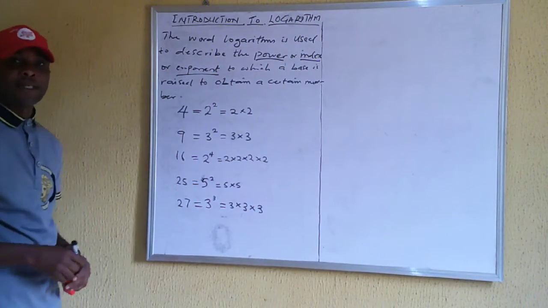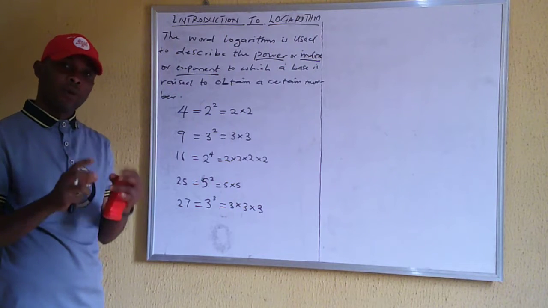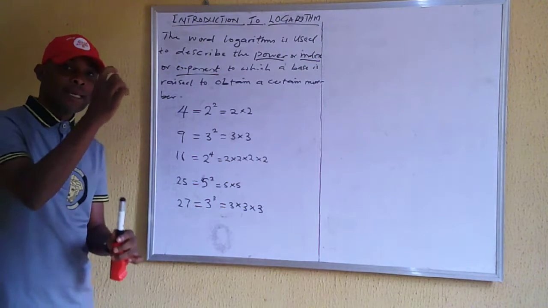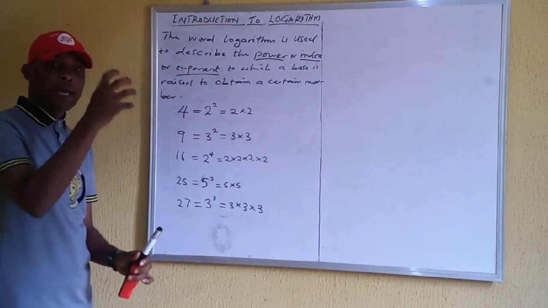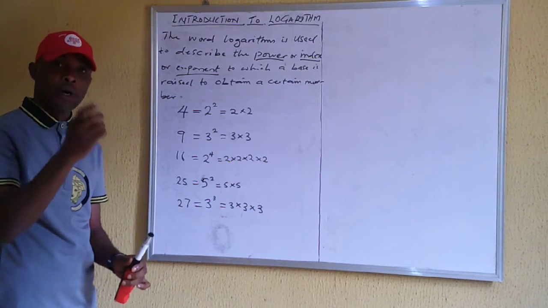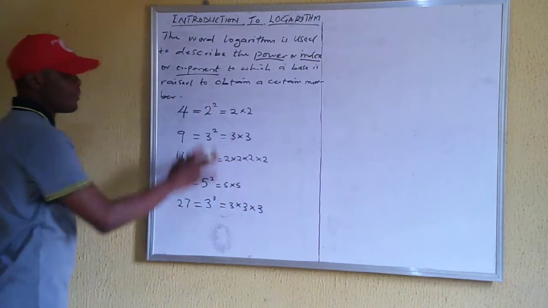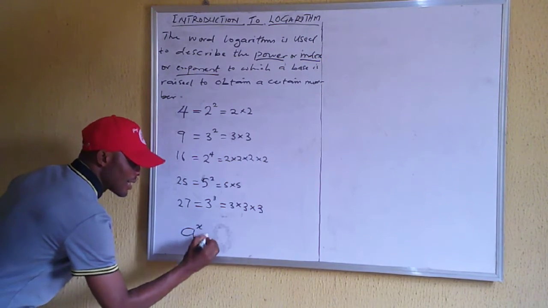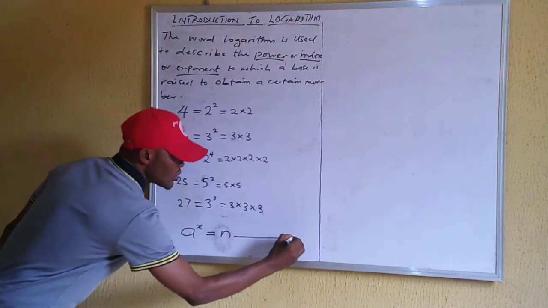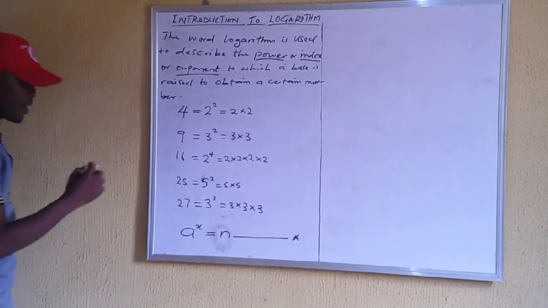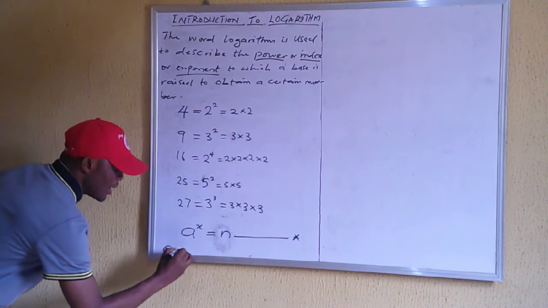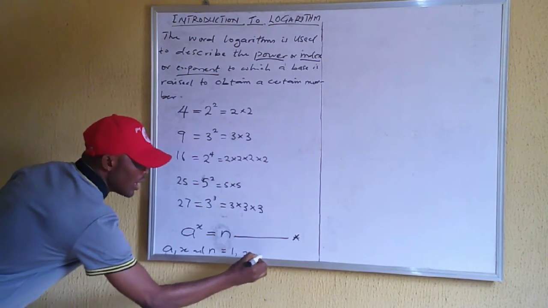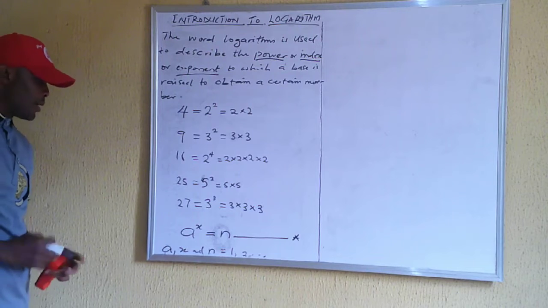Now, there's what we call the generalized term. In every mathematical concept, there's what we refer to as the generalized term. These are variables we use in representing numbers in equations or expressions. The generalized term of a logarithm is taken as a raised to the power of x equals n. Here a, x, and n can be any numbers.